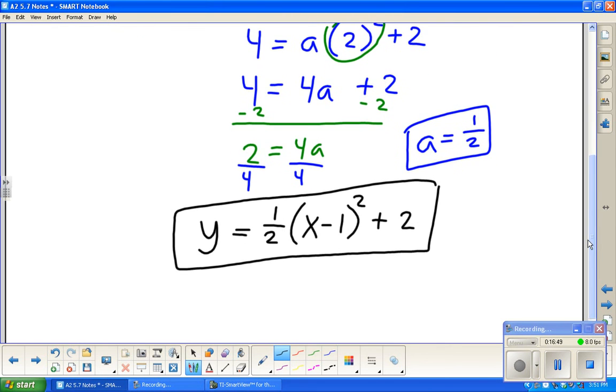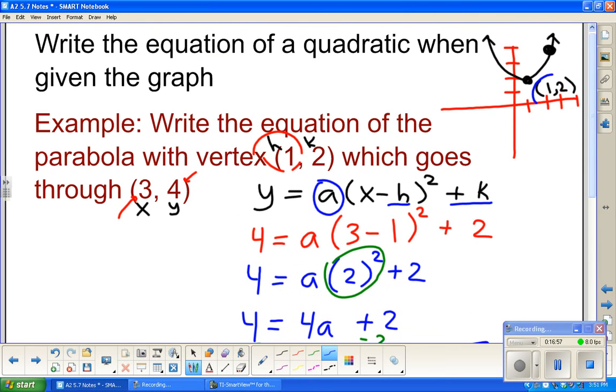So it's really just a matter of finding the a value. We already knew this piece and this piece from the beginning, once we knew the vertex, 1 and 2. So when they give you the vertex, you kind of know most of those pieces. Okay, those were kind of set from the beginning, right here and here. The only thing we didn't know was a.